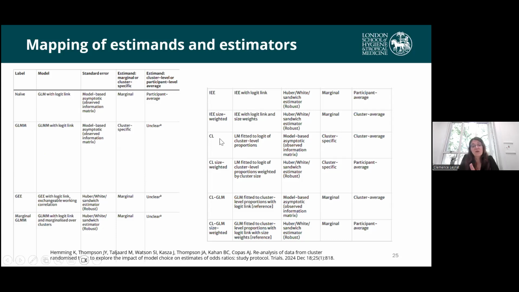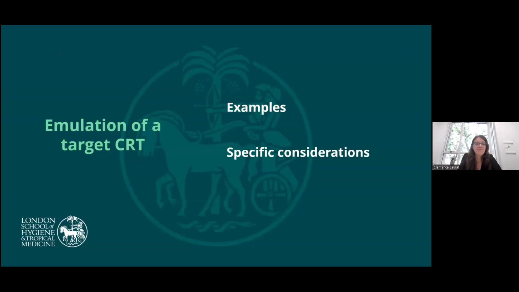Especially with cluster-level methods, you can find ways to target any combination of cluster-specific, cluster-average, marginal, and participant-average effects you want. So the choice of estimand is never driven by the tools available for the analysis. This is a great thing because you can forget the analysis for a moment and focus on the best quantity for your trial. So now we talk about randomized trials, but how can we emulate target cluster randomized trials?